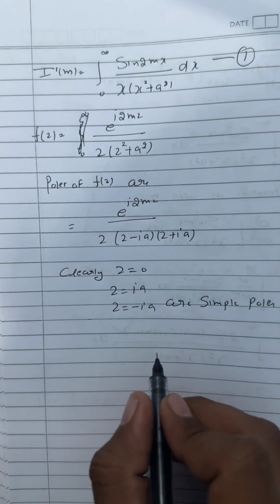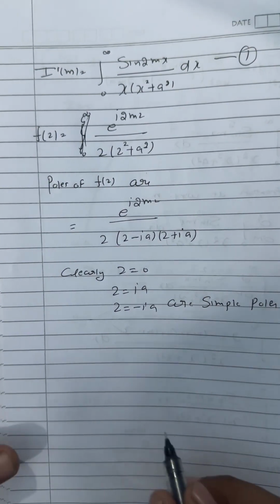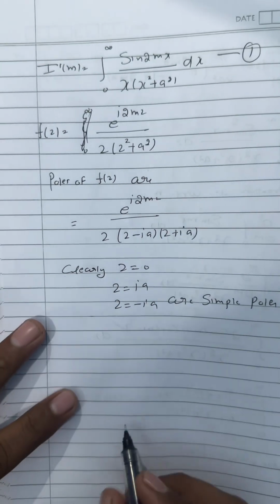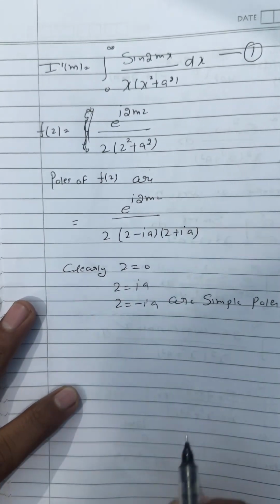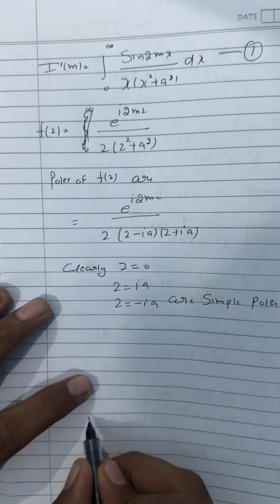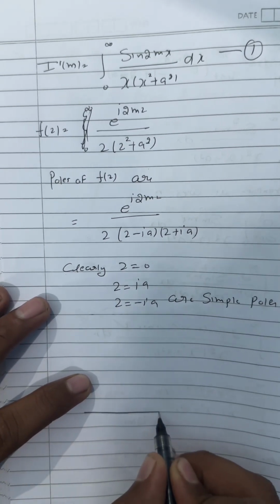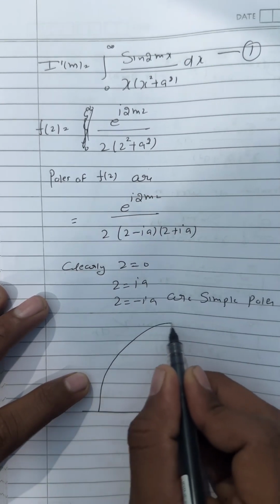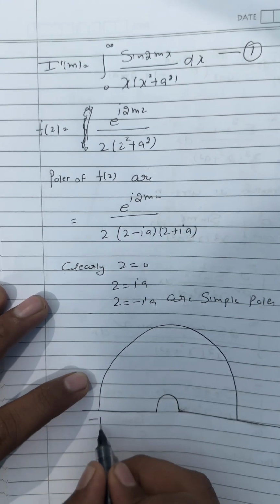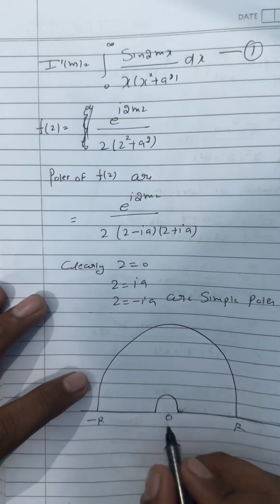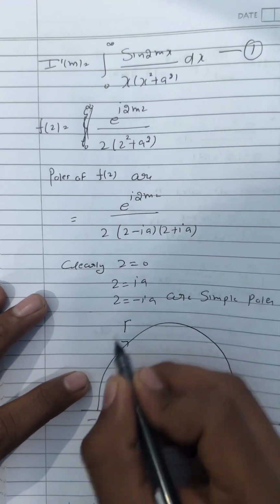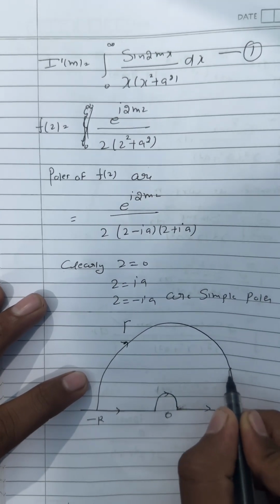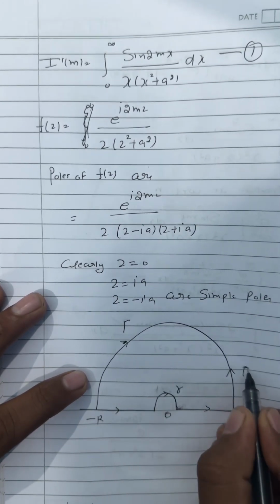Let's draw the contour. I am going to take a contour in such a way that 0 is not part of that contour. So let me start like this. We are going from minus r to plus r. 0 is here. Let's call this gamma, and this is small gamma.